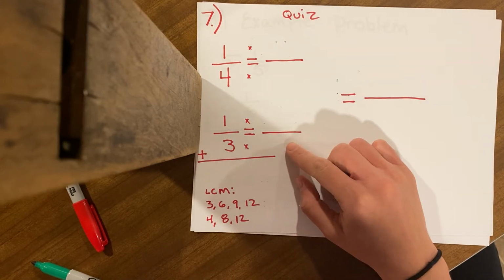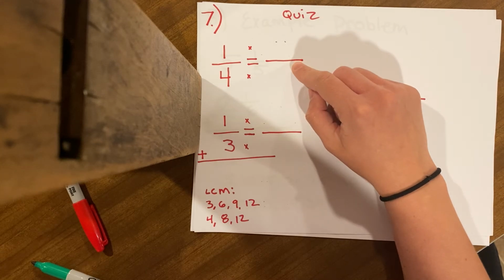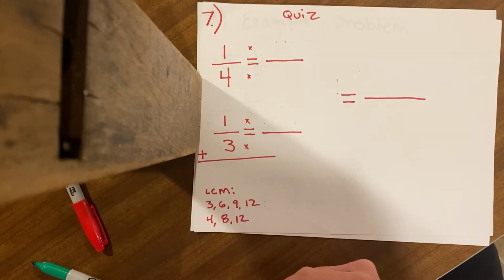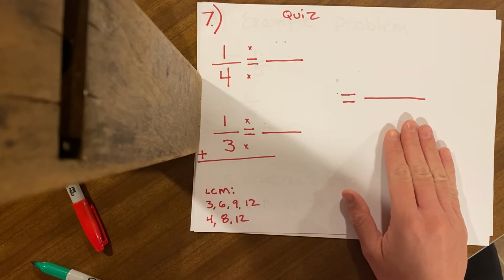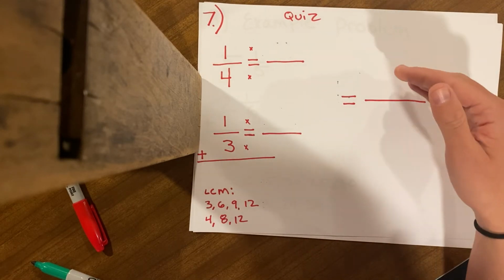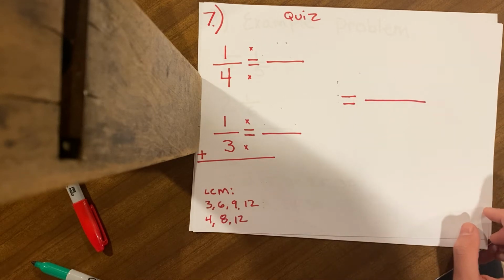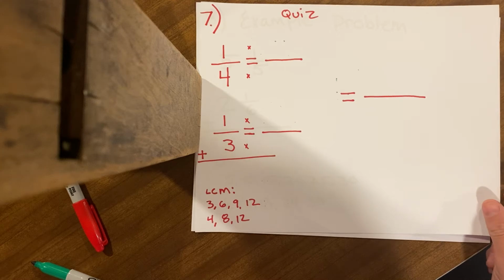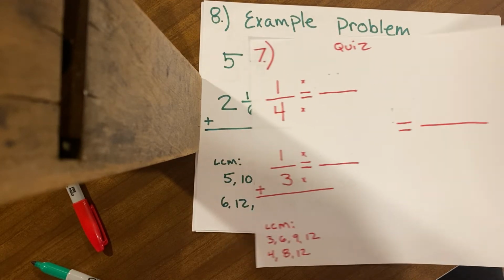You're going to use your least common multiple as your denominator, and then whatever you do to the bottom, you're going to do the same thing to the top. Keep your denominator the same and add up your numerators. At this time, pause the video, complete number 7, and then we will move on to number 8.